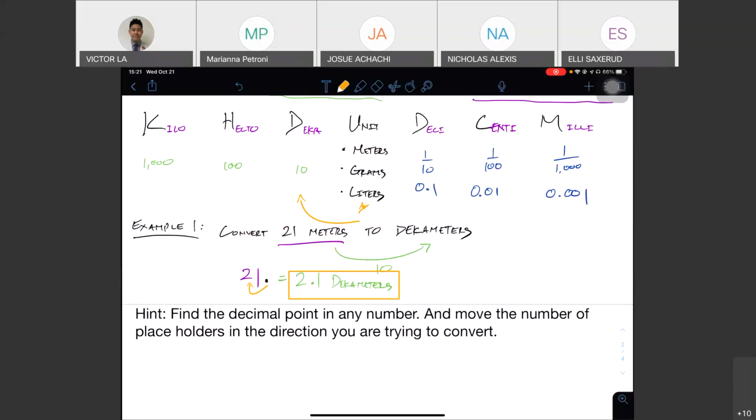I'll squeeze a little example down here again. So say you had, today is October, so say you had 1,021 kiloliters.